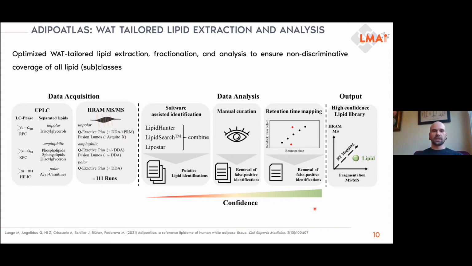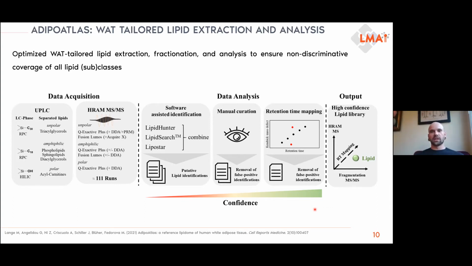To assess this complexity of the lipidome, we optimized and tailored an analytical workflow specifically to adipose tissue. That means we optimized extractions, and we compared and optimized various fractionation methods to enrich low abundant lipids and deplete high abundant lipids.